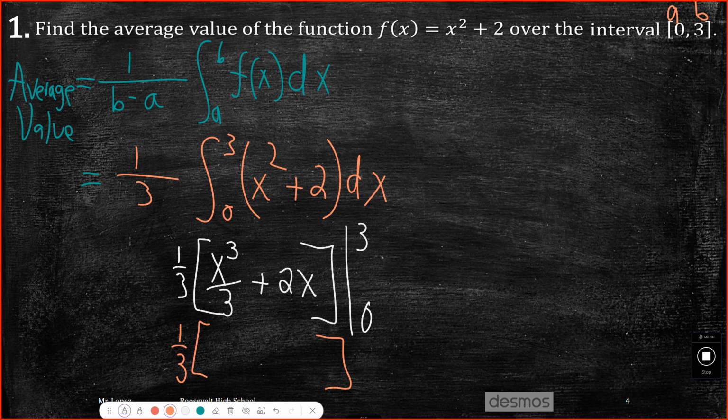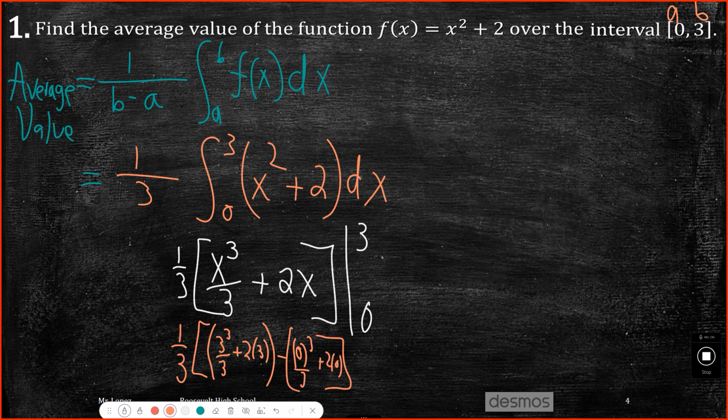So I'm going to plug in 3. This is 3 to the third power over 3 plus 2 times 3. That's evaluating at 3. Then I minus when I evaluate at 0, but it's just going to become 0: 0 to the 3 over 3 plus 2 times 0.